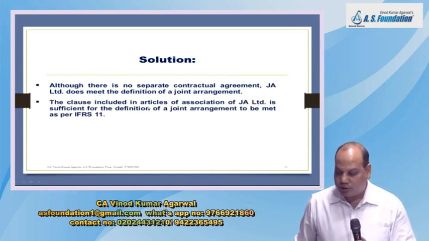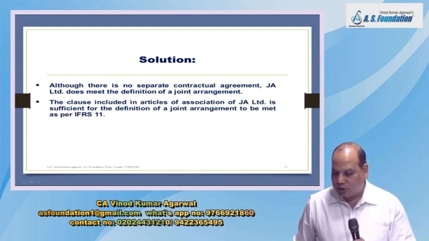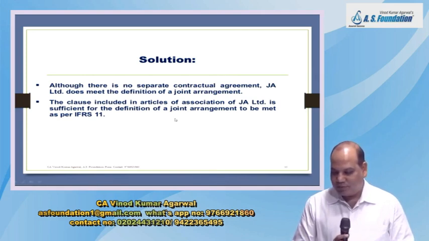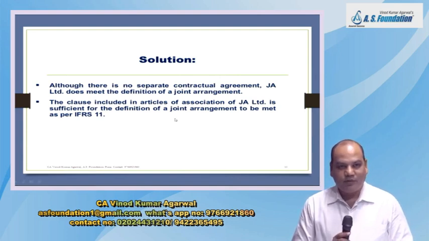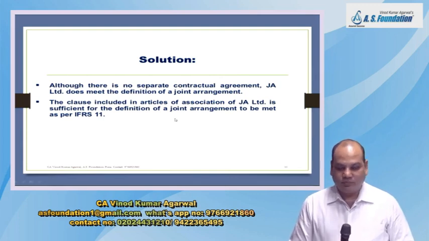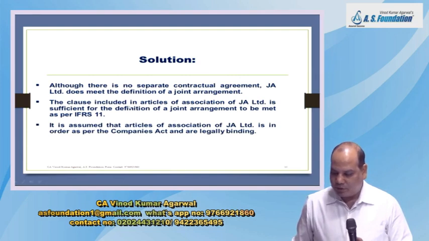The clause included in the AOA of JA Limited is sufficient for the definition of a joint arrangement to be met as per IFRS 11. This is an example of implicit arrangement.